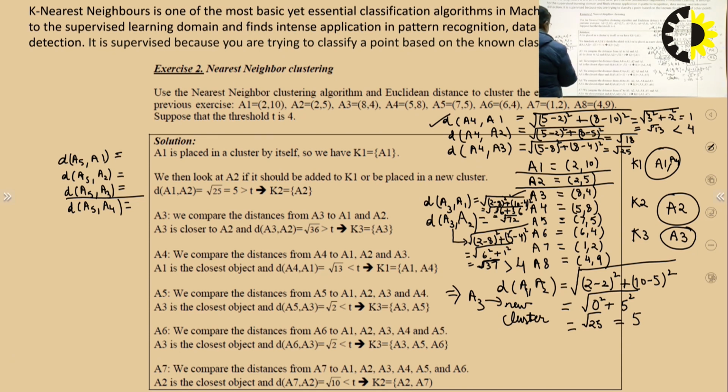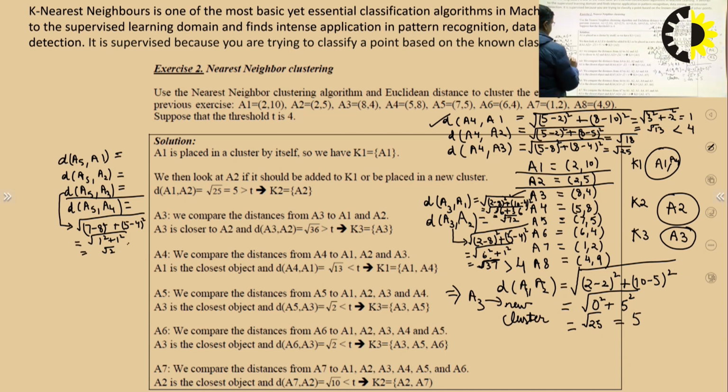And this distance is 7 minus 8 whole square plus 5 minus 4 whole square. Squaring it, this comes out to be 1 square plus 1 square, which comes out to be root 2.